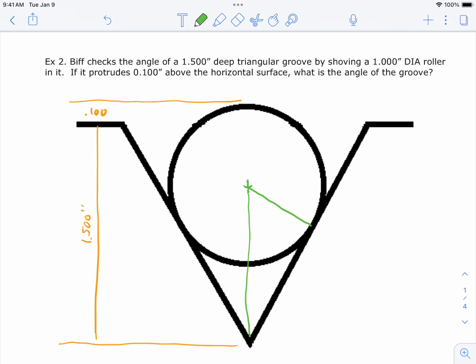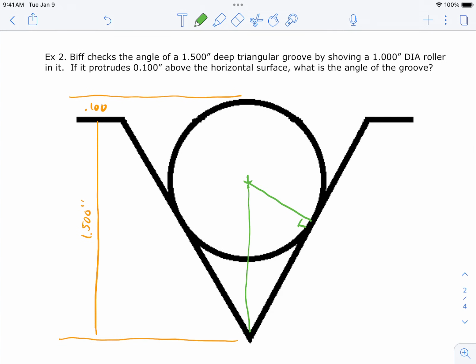I could form a right triangle, right? Because the radius intersects at 90 degrees. That would be a nice right triangle. And this is like half of the angle that I'm looking for. So if I could figure out some sides of this triangle, I'd be able to solve for that angle. Now I can figure out this side right away. The roller is 1 inch diameter. So this is 0.500 inches right there.